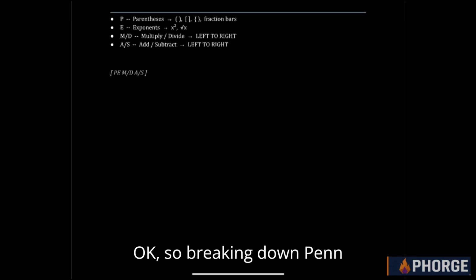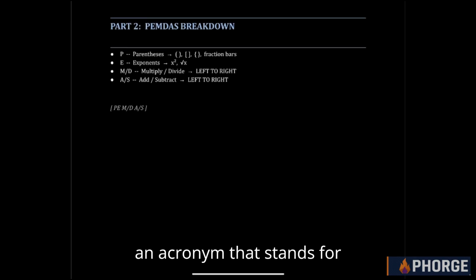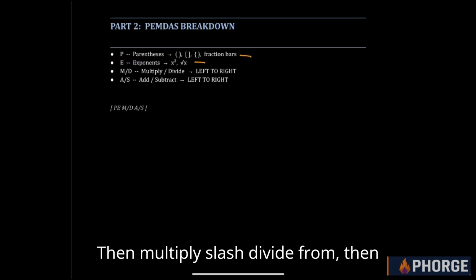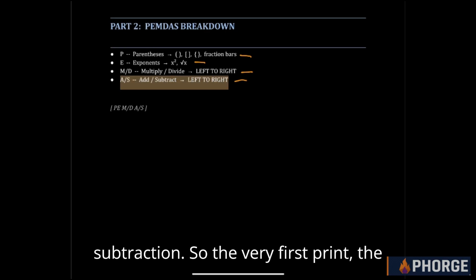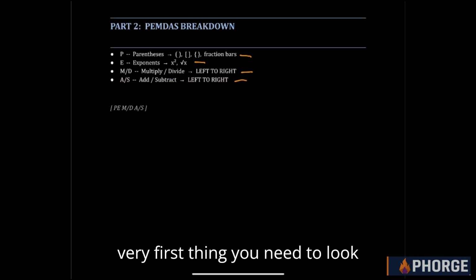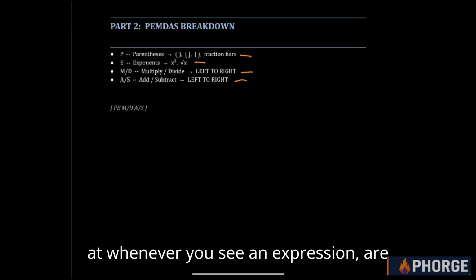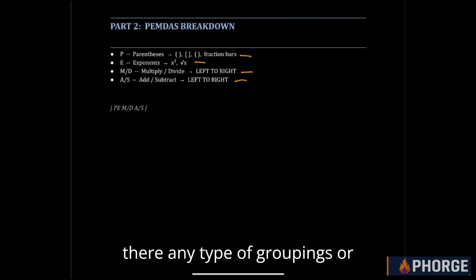Okay, so breaking down PEMDAS. PEMDAS is an acronym that stands for parentheses, then exponents, then multiply/divide from left to right, and then addition/subtraction. The very first thing you need to look at whenever you see an expression: are there any types of groupings or parentheses?